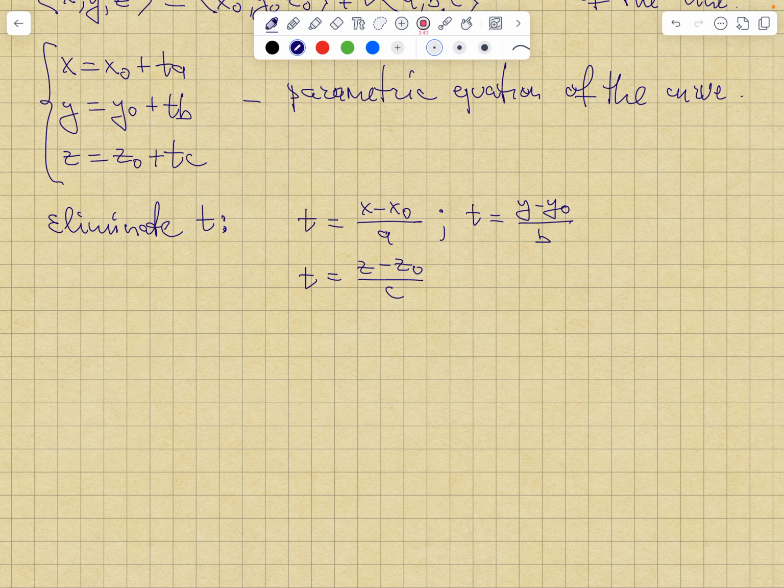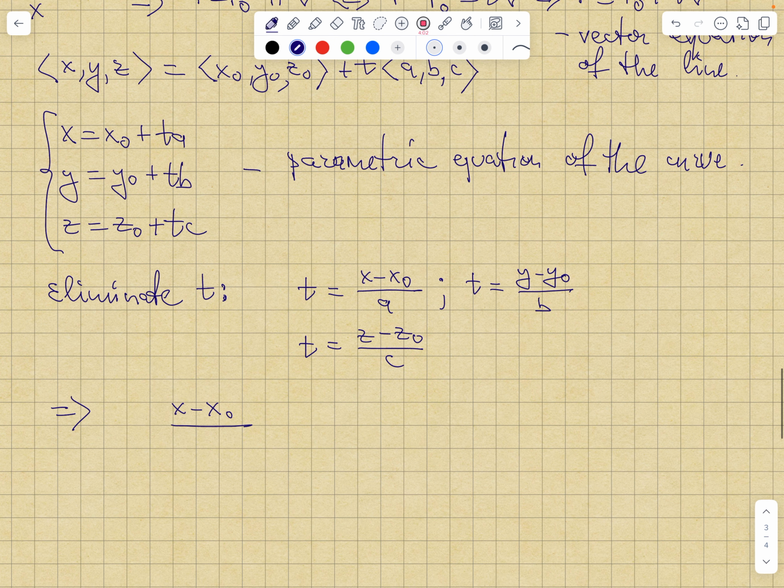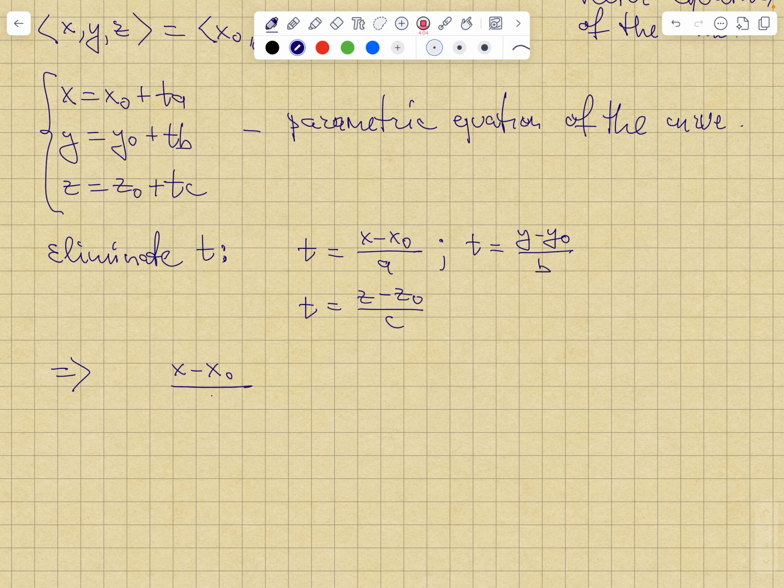So we conclude that for a point to be on the line, it must satisfy x minus x0 divided by a equal to y minus y0 divided by b equal to z minus z0 over c.